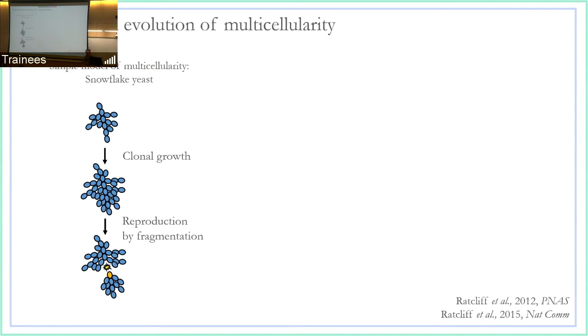It's Saccharomyces cerevisiae, that's the species, but the multicellular form of the species in which the mother cell gives birth to a daughter cell, but they stay attached to each other. It forms through clonal growth, and the way they reproduce is by simple fragmentation. So when a link between two cells is broken, we can have propagules, and this is the way they reproduce.